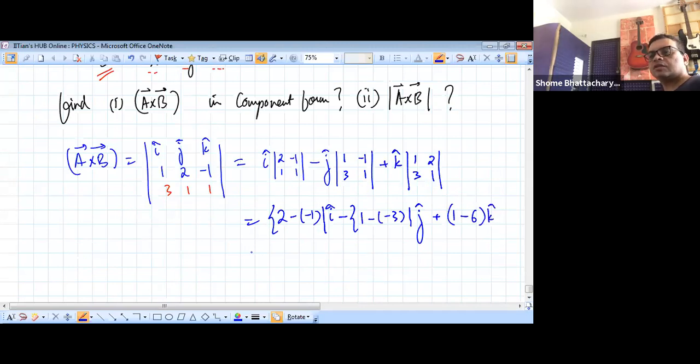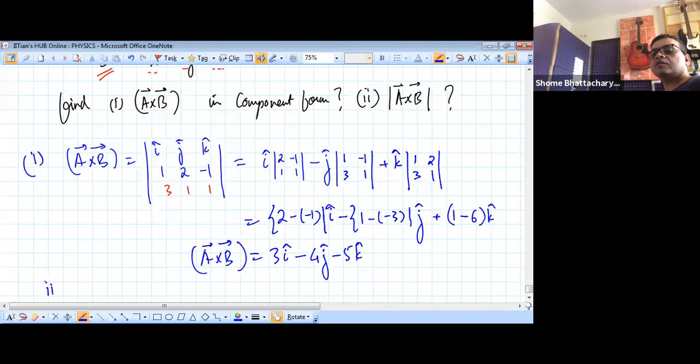Okay. So this is becoming 3 I cap minus 4 j cap minus of 5 k cap. So this is becoming A cross B. Okay. So this is the first part.